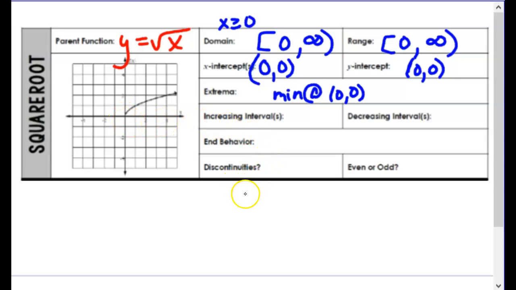I would not ask you that. But what about increasing and decreasing, guys? As you go left to right, what is this doing? It is increasing, and it's increasing from 0 to the right because it doesn't have any values to the left of 0.